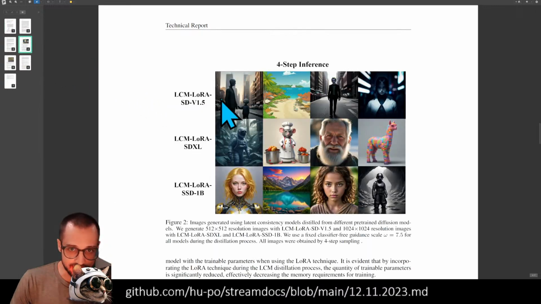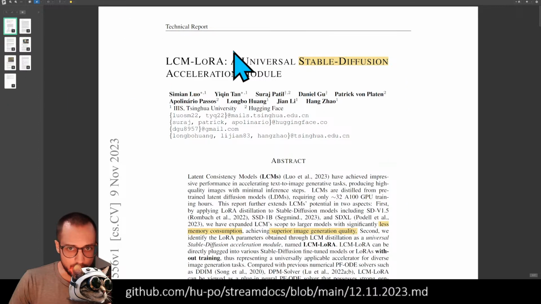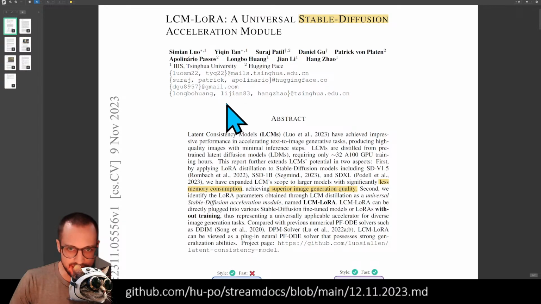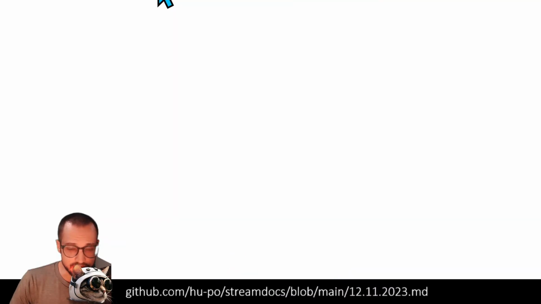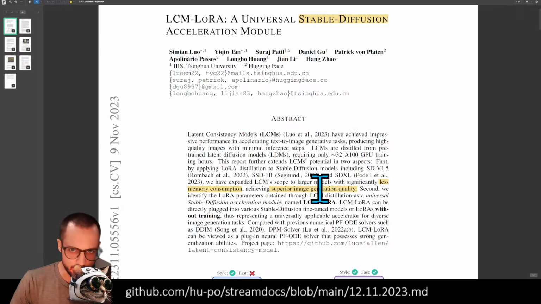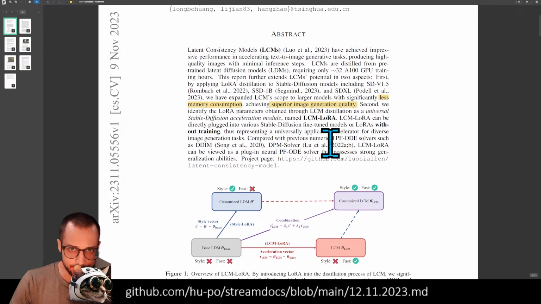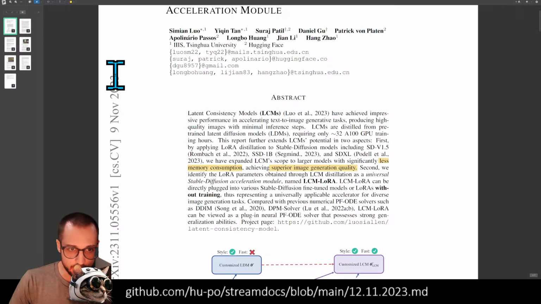You give it a little piece of text, and it uses that text to condition a diffusion model, which slowly removes noise from basically white noise, and then it creates the image that you want that is related to that text. LCM LoRA is based on, actually, why don't we just read the abstract, and then we'll explain what's going on here. This is 9th November 2023.